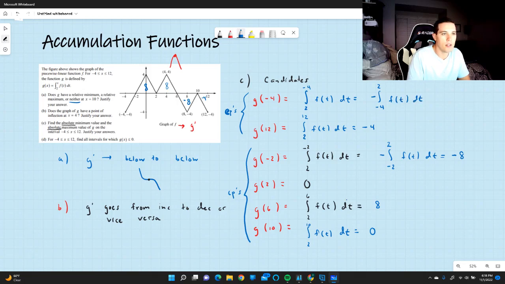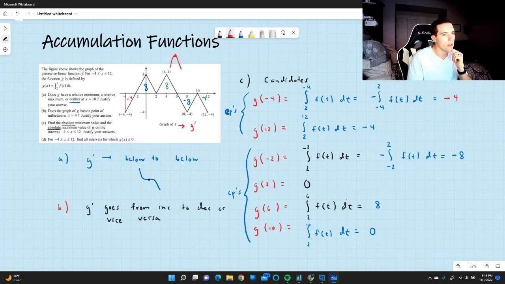Find whatever the answer is after I add my areas, and then make it negative. So from negative 4 to 2, I have this area, which is a negative 4, plus an 8 is positive 4. So the total area from negative 4 to 2 is 4, but then I have to flip it and make it negative. So negative 4.